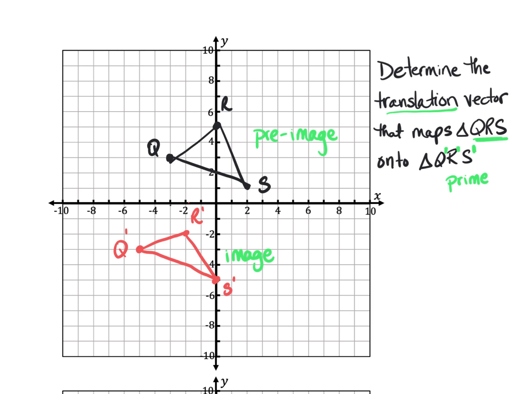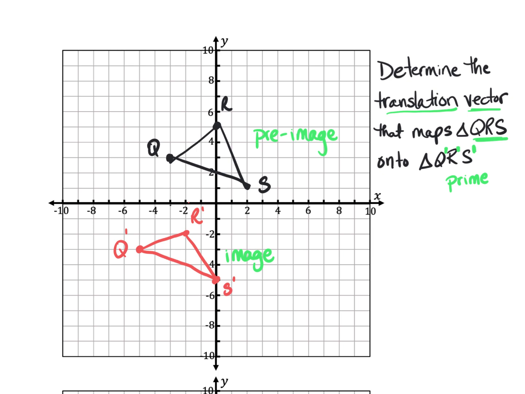Okay, and in this case it's asking us for the translation vector. Now a vector is just a set of units and a direction in which each point has been moved. And we will notice that the translation vector for all 3 points is exactly the same.